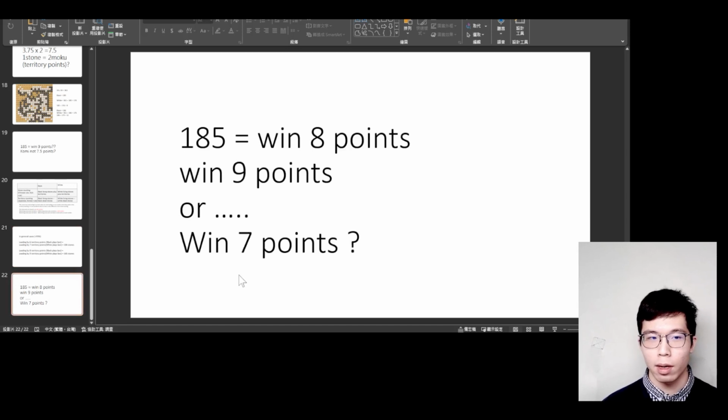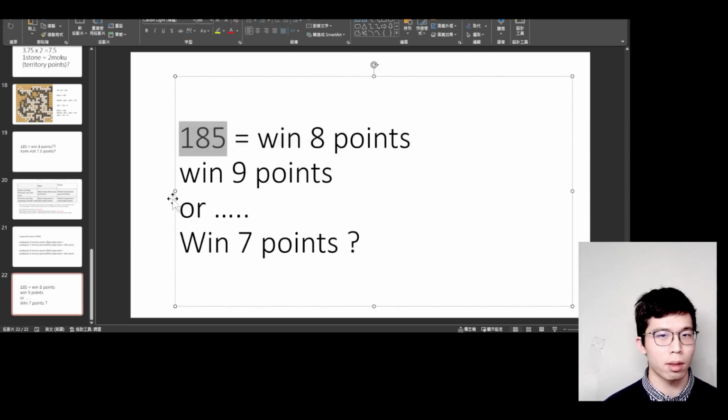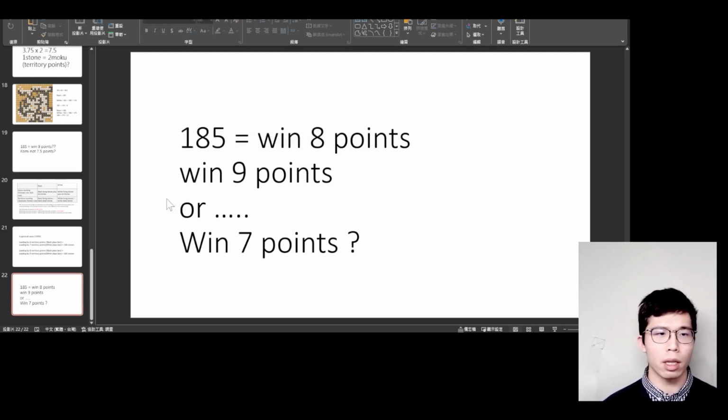However, it is also possible that when black only leads by 7 points, black could still try to get 185 stones. In Chinese, or in Cantonese, we call that 黏劫收後. I really tried to find the term for it in English. I could not find it.